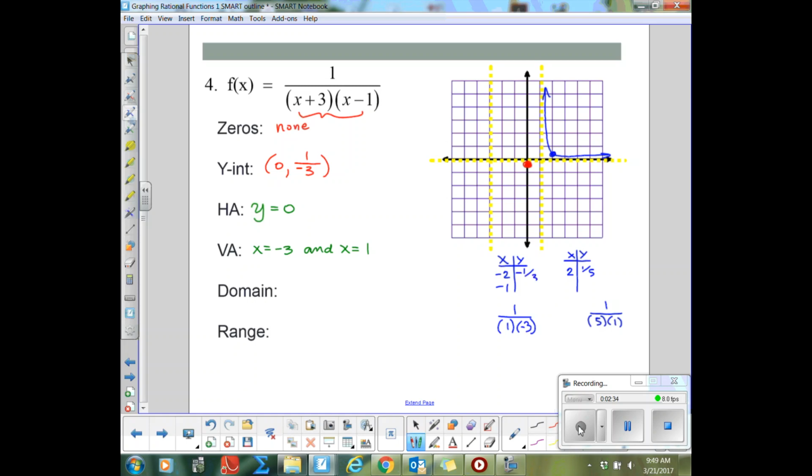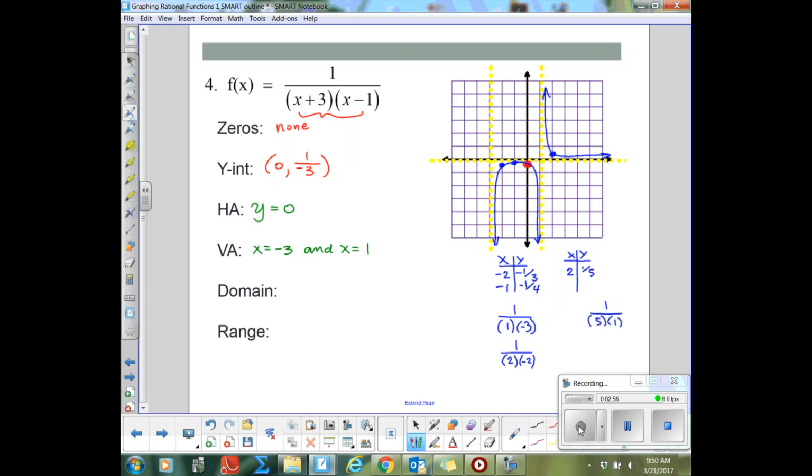Plugging in a negative 1 gives me a negative 1/4. Difficult to graph the differences between those. I have plenty of information to know that we have that section of graph.